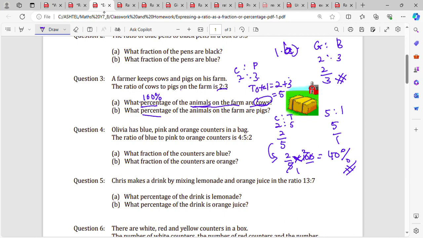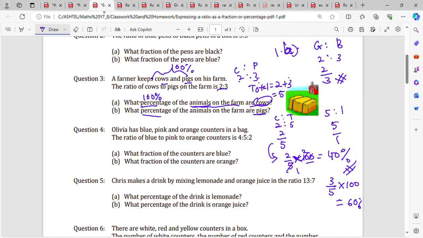What percentage of the animals on the farm are pigs? So pigs is 3, so it would be 3 over 5 times 100, you can get 60%. Or because you know that in the farm we have cows and pigs only, the total is already considered 100%.